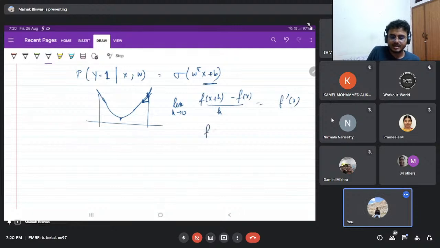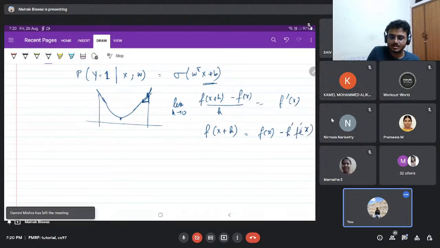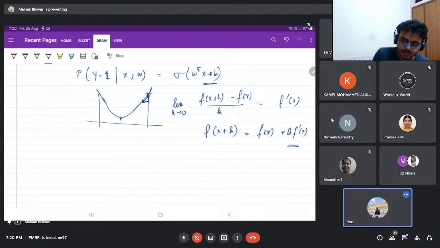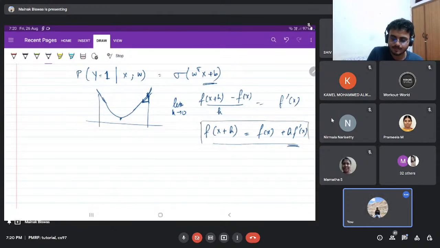So we can write f of x plus h is approximately f of x plus h times f dash of x. This is how you define gradients. So if this is delta x, this is f dash of x.